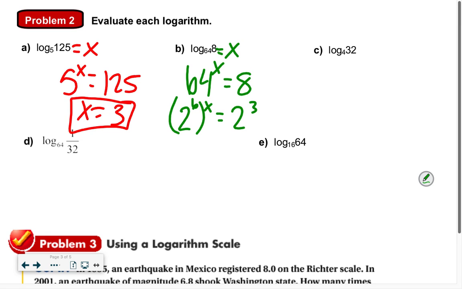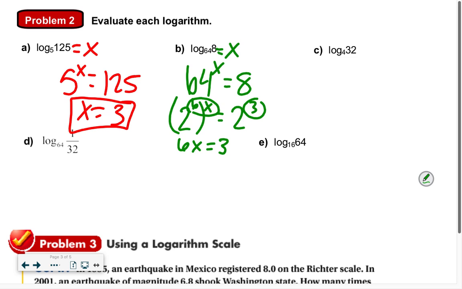Okay. Well, now that I have a common base, I want this exponent to equal 3, right? So what do you think I should do with those two things? Divide by what? 3. I want these to be equal, right? I want my exponent on the left to be 3.